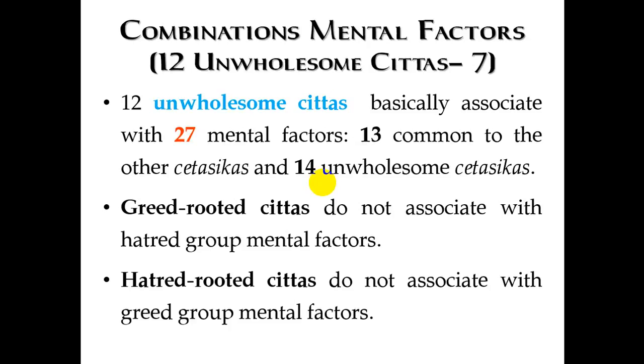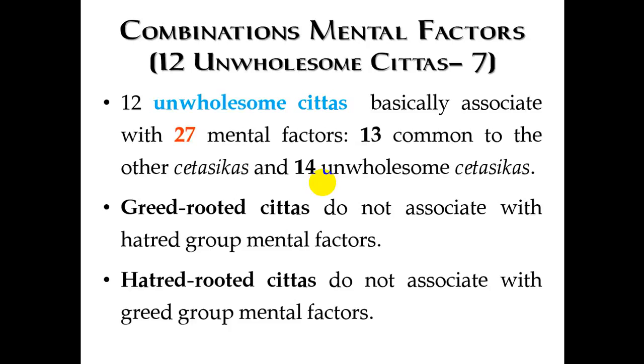So therefore, we call it unwholesome universals. So these 4 will associate with any type of unwholesome cetas, right? Well, we have to first remember this one. So we have the greed group: greed, wrong view, and conceit, right? Because they associate with the cheta rooted in greed. So therefore we call it the greed group.